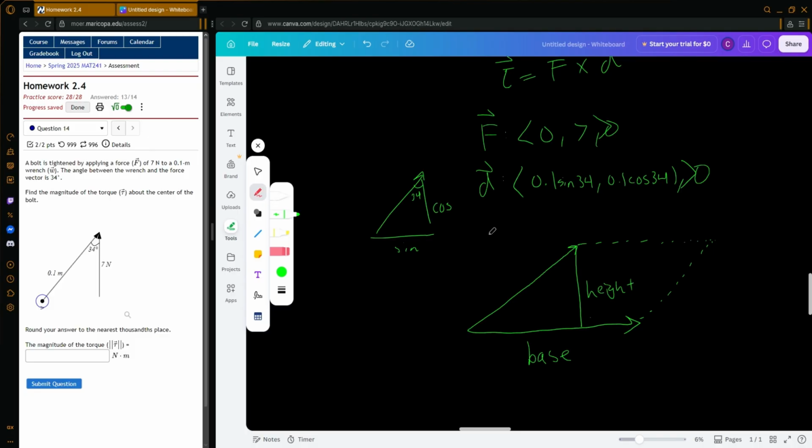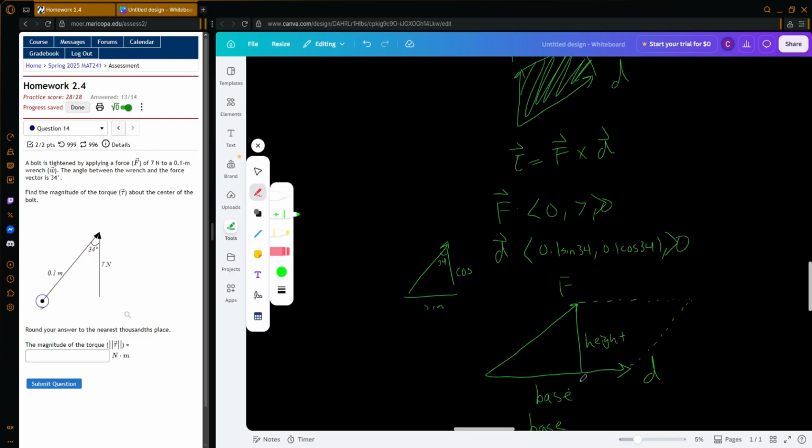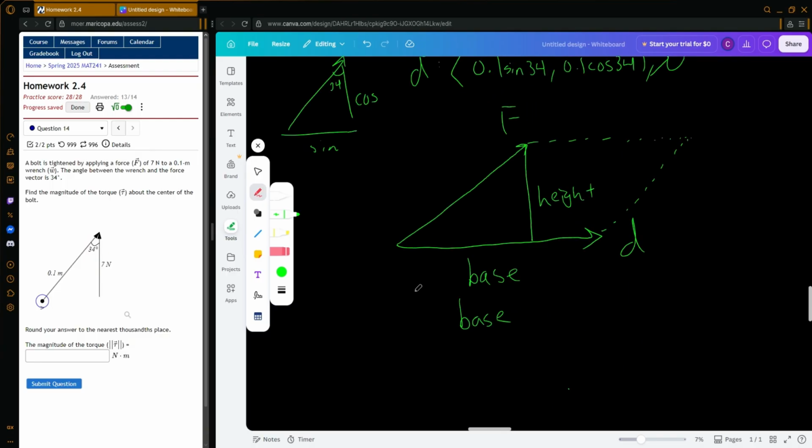Let's call this vector f and this vector d. The base is going to be the magnitude of d, and then we see that the height is going to be the magnitude of f times sine theta.